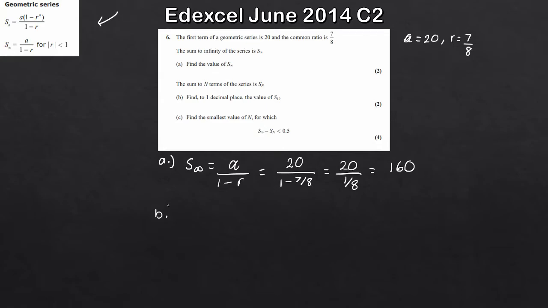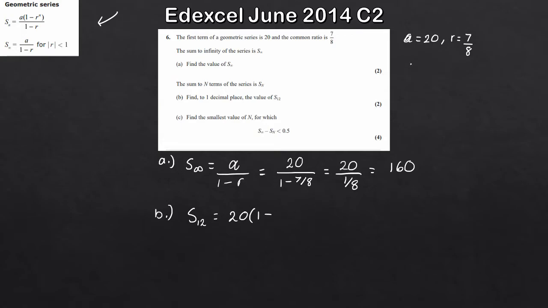Part B then, we want to work out the sum to n terms, where we're working it out to 12 terms. That's what we're being asked to do. Again, just using the formula, this time we're using the top formula, because that's what we get for n terms. So the sum to 12 terms is going to be a, 20, times 1 minus r to the power of n, where n is 12 in this case.